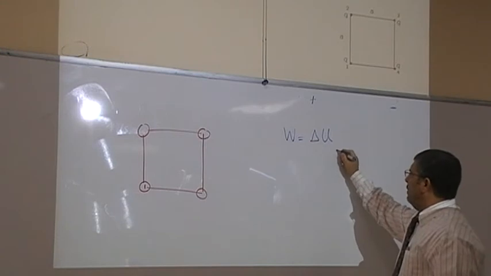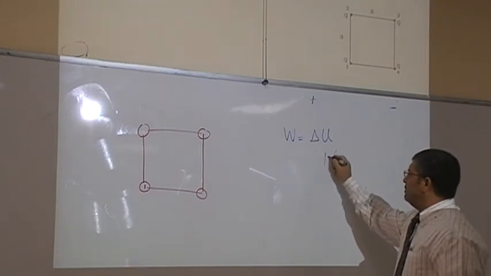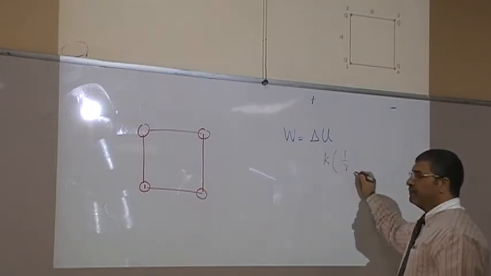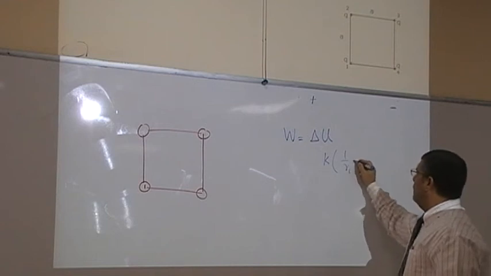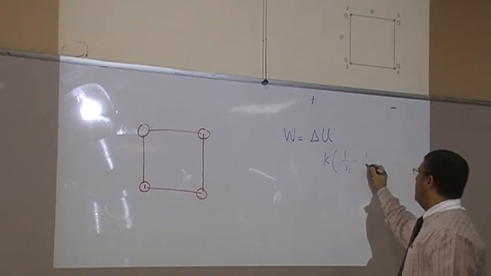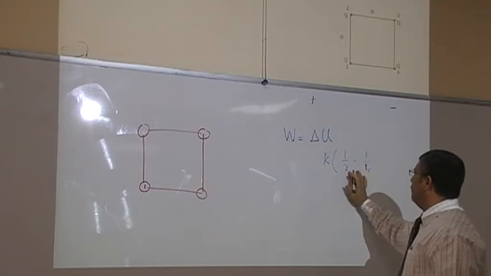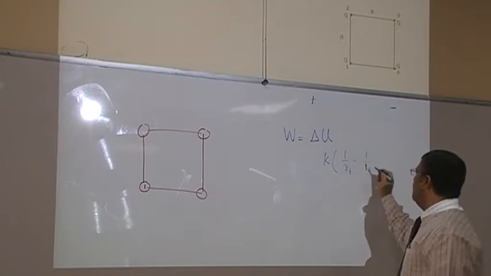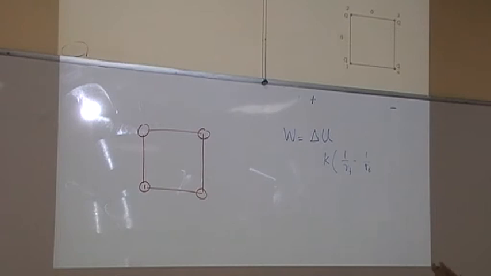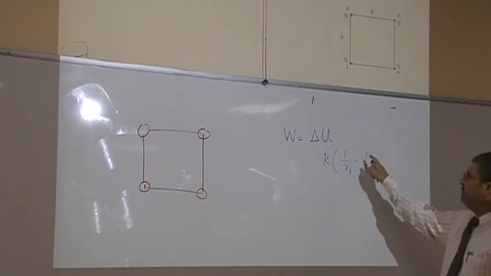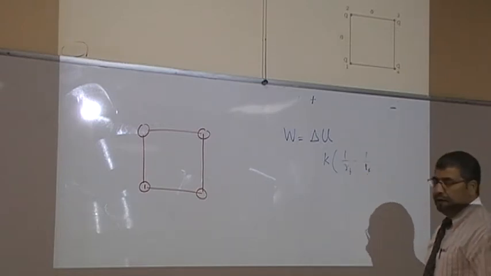And now, remember what we always do. We say, okay, it's some constant, 1 over R initial minus 1 over R final. Well, actually, 1 over R final minus initial. Okay, the negative now becomes irrelevant because I have to worry about the charges. Okay?